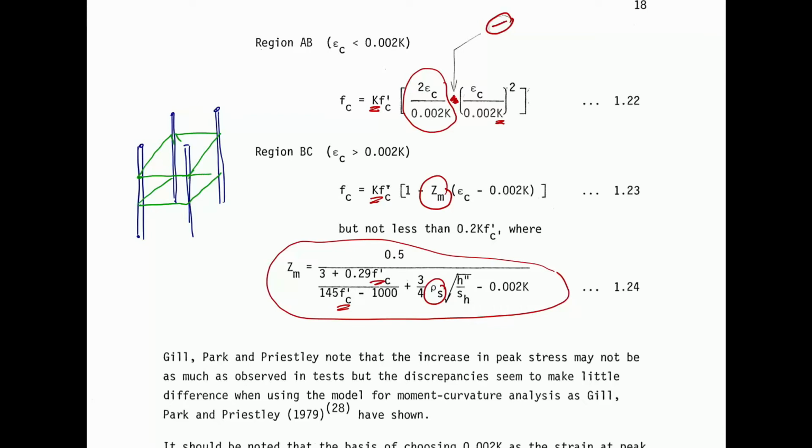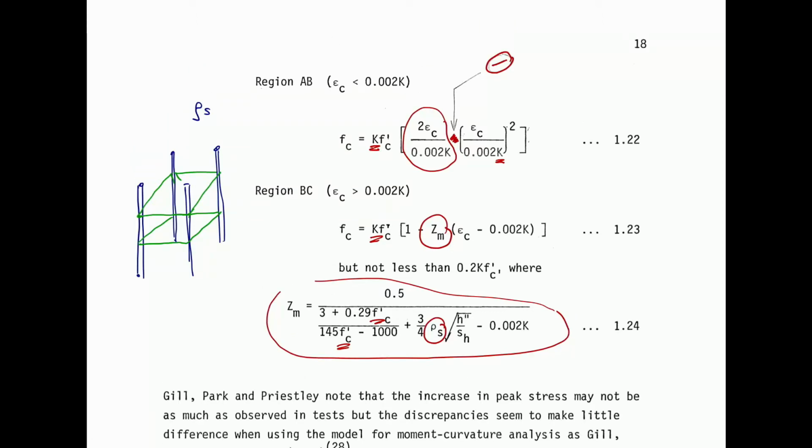So the confinement is given there. If you want to get the rho S, it is the ratio between the volume of the steel hoop, and that divides by the volume of the confined core.